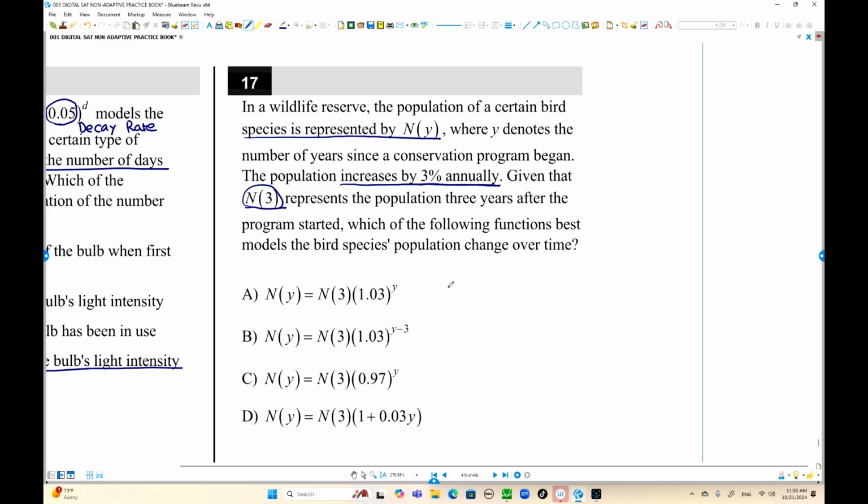So that is the initial. And y, N sub 3. But inside is what? Increase 3% is 1 plus 0.03, which is 1.03. But at this time, we count the number of years from 0, right? So that's why we use t minus 3. Okay? Now that is y, okay? They use the y. So where is the answer? Option B is the answer, okay?